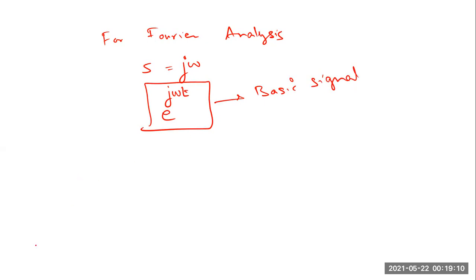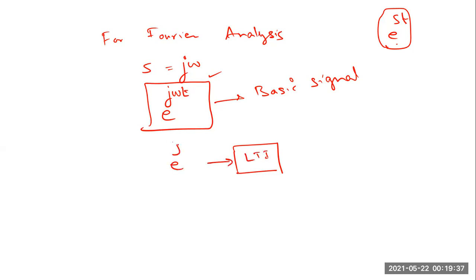Now, whatever the properties of e raised to power st were, the same properties are obeyed by this signal. In other words, if e raised to power st is the eigenfunction of an LTI system, then e raised to power j omega t is also an eigenfunction of an LTI system. So if the input is e to the j omega t, what is going to be the output?